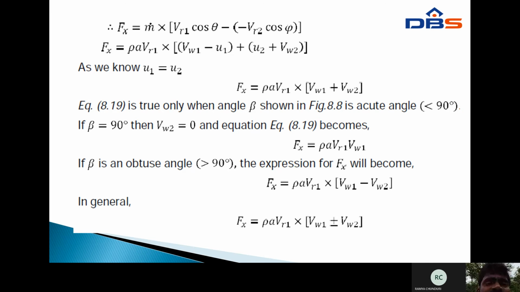The plus or minus condition depends upon beta: beta equal to 90 means Vw2 equals 0, and beta greater than 90 means minus Vw2.